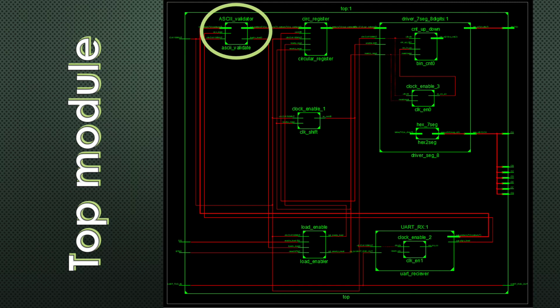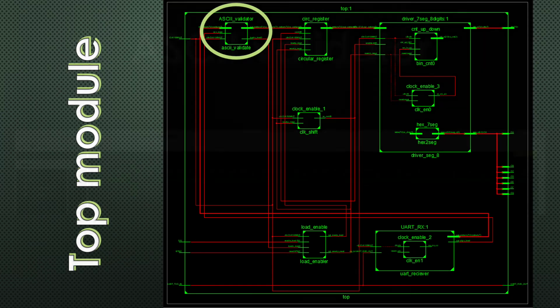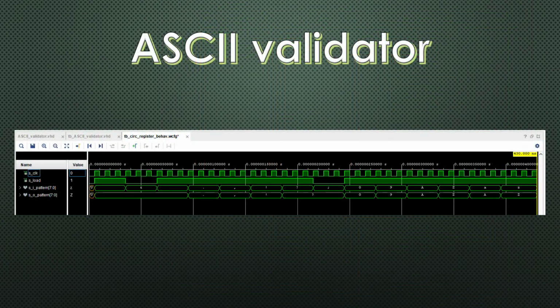The validator was created to recognize characters such as numbers, a dot, a comma, the question and exclamation marks, and white space. When it comes to letters, it only sends out the uppercase ones. So we made it possible for the module to receive lowercase letters and convert them to uppercase letters. If the ASCII validator receives unknown data, nothing is sent to the register, as you can see here in the simulation.